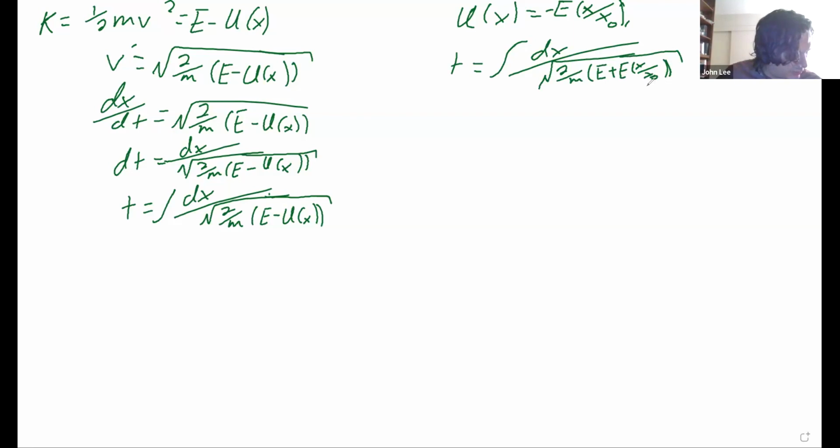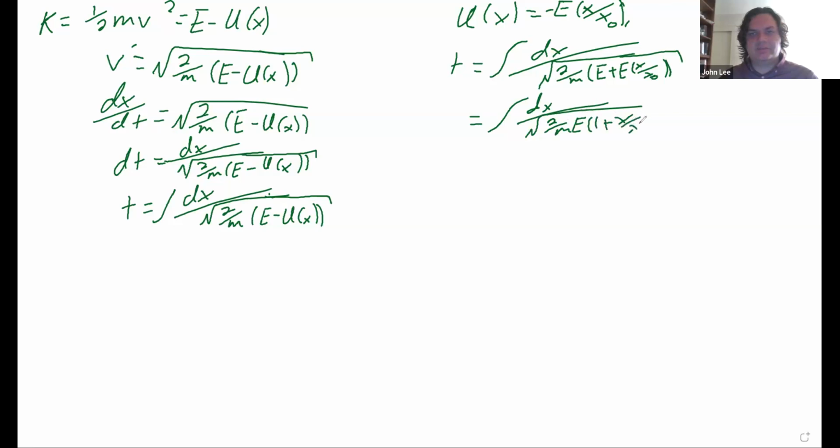Which if we do the integral of this, so let's actually do the integral. Let's not be lazy about this. Equals 2 over m times E times 1 plus x over x naught. I think they made a typo.